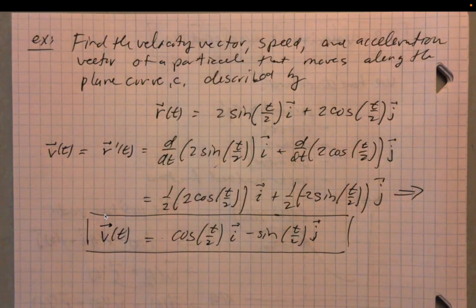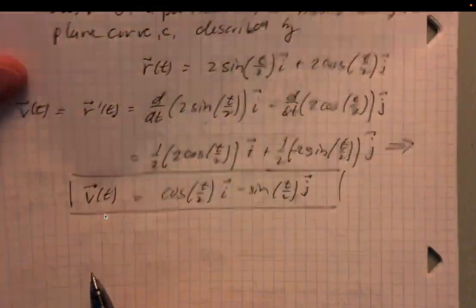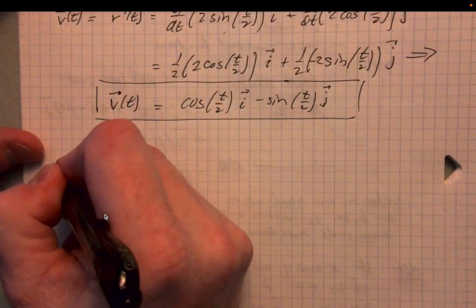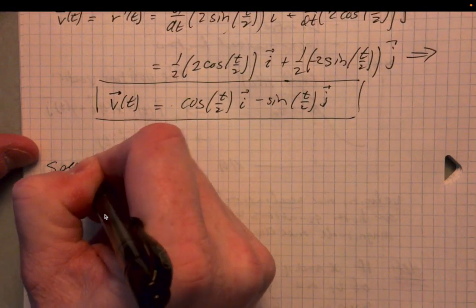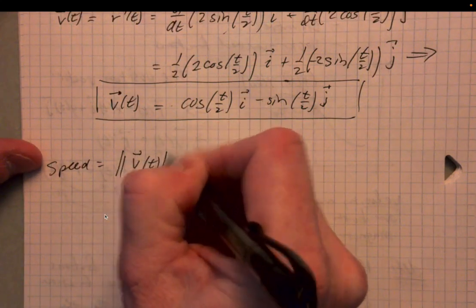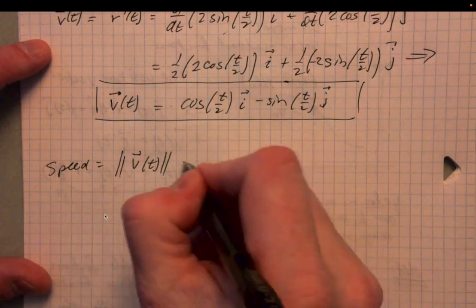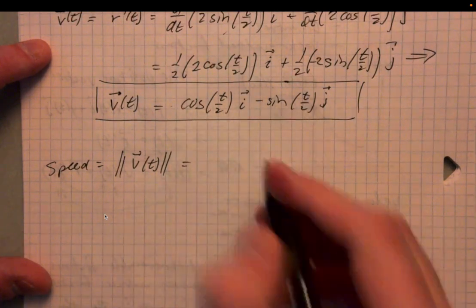All right. How about the speed? We can quickly get the speed out of this. The speed is going to be just the norm of this vector. So the speed is the norm of the velocity vector. And that's going to be basically square the components and add them together.